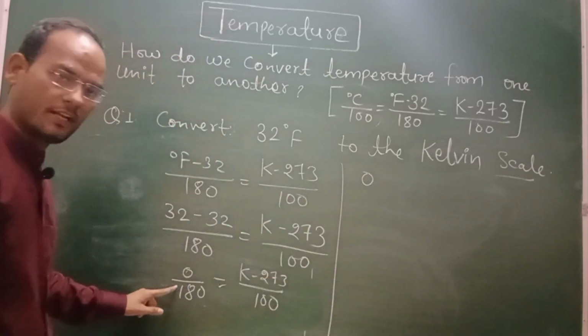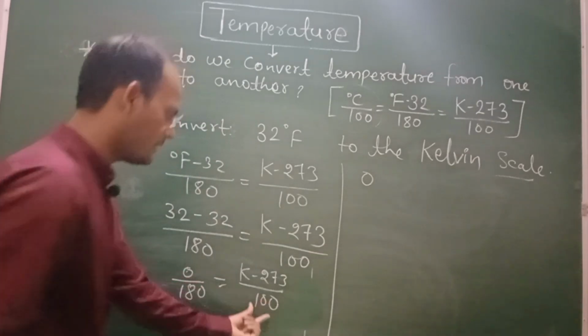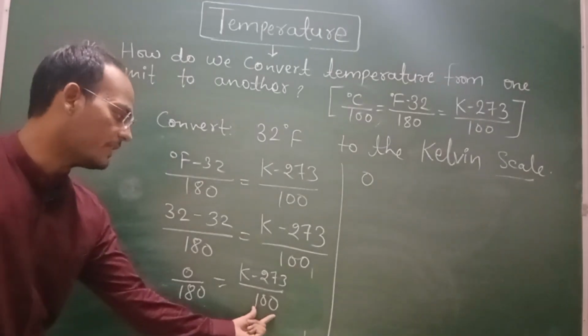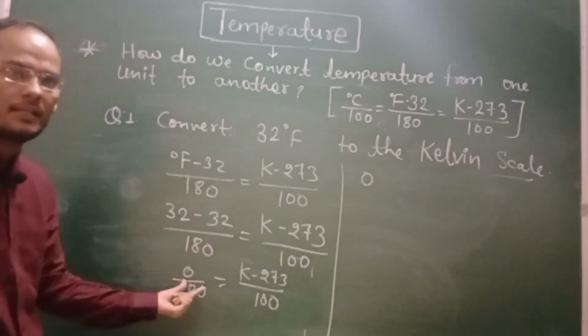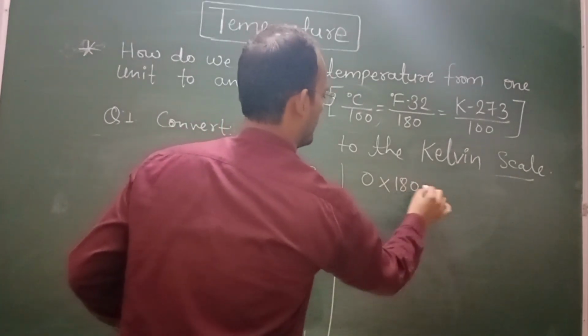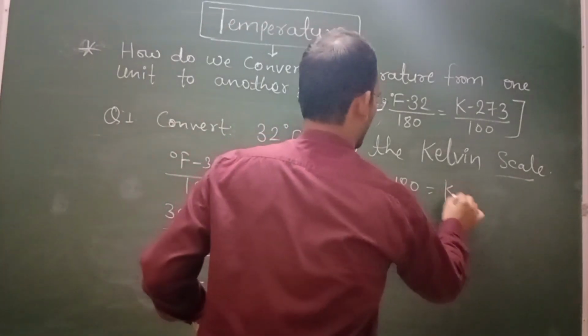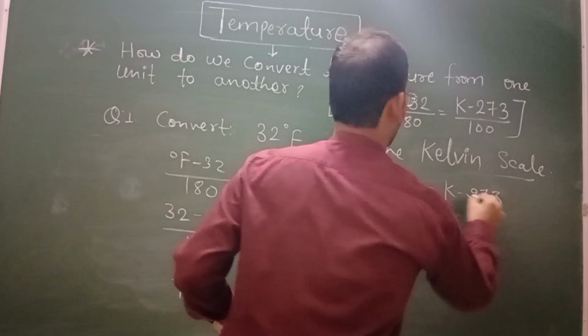So when we calculate this one value, the answer will be 0. Now 100, when we bring this one value to this side, it multiplies by the 0. 180 and this value remains, K minus 273.